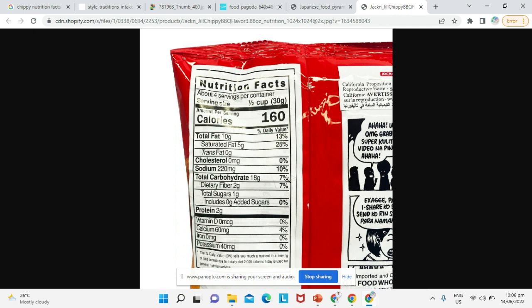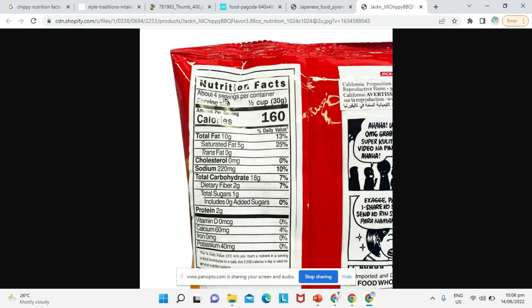If we eat Chippy and look at the nutrition facts, we see that the sodium is only 220. It seems small. That is how a naive consumer interprets it. But since you are students, you should know more than non-ND students that the sodium you get is not just 220.